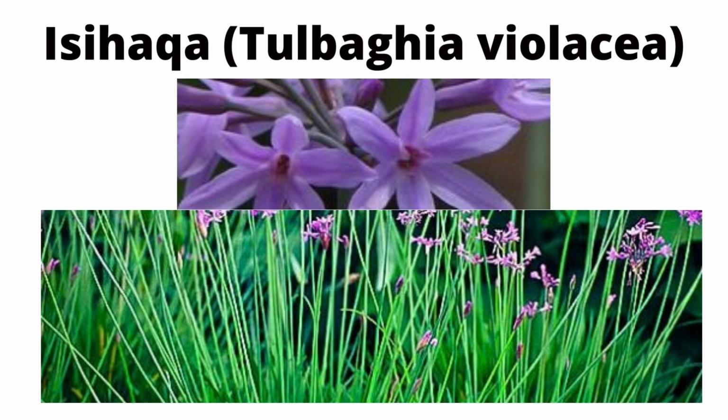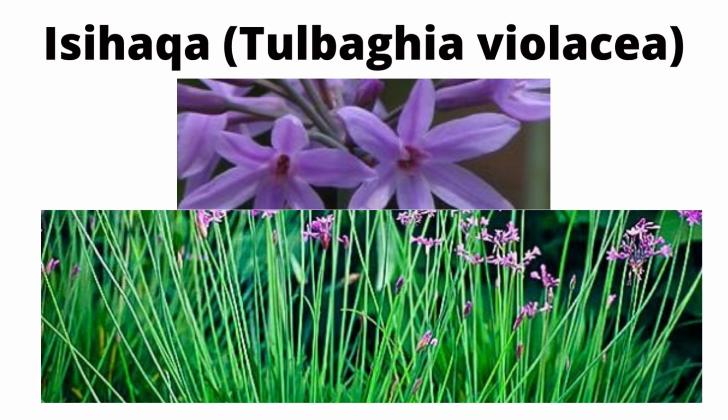I mentioned that the wild garlic has the same properties as the real garlic, and one of the properties is anti-candida. The anti-candida property in Isihaqa makes it ideal for treating oral fungal infections.